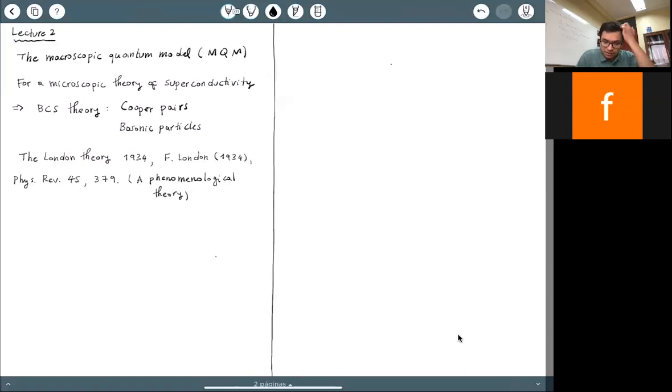But then by 1948, Fritz London indeed was able to show that the same London equations he proposed in this phenomenological theory could be derived from more fundamental ideas.